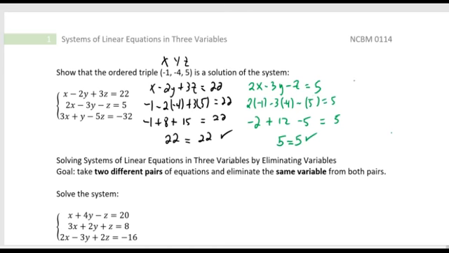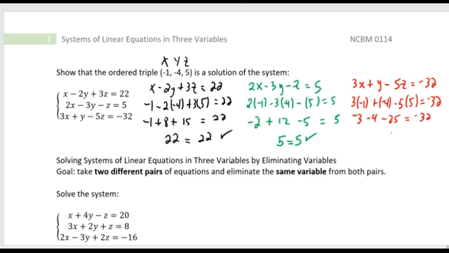So the third equation is 3x plus y minus 5z is equal to -32. Substitute -1 for x, -4 for y, and 5 for z. So we have -3 minus 4 minus 25 is equal to -32. -3 minus 4 is -7, plus -25 is -32.